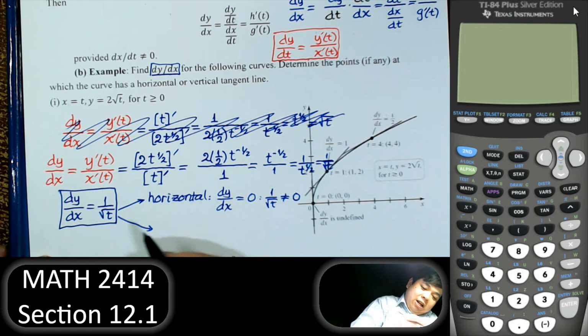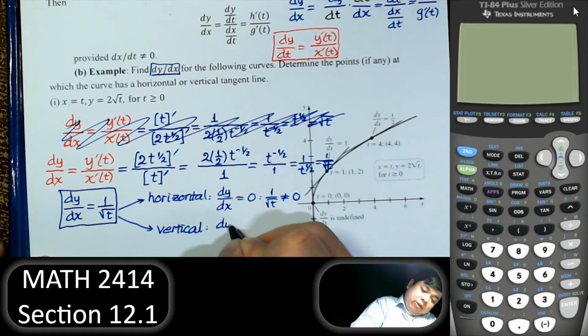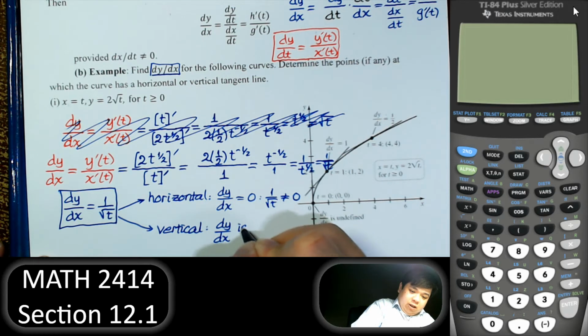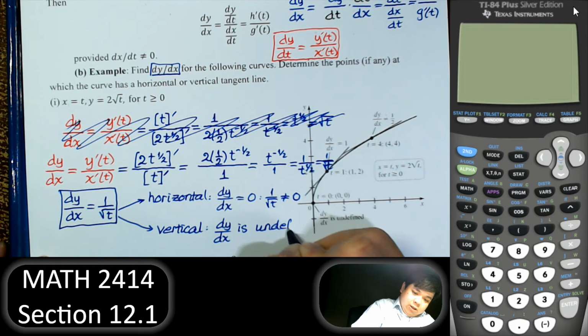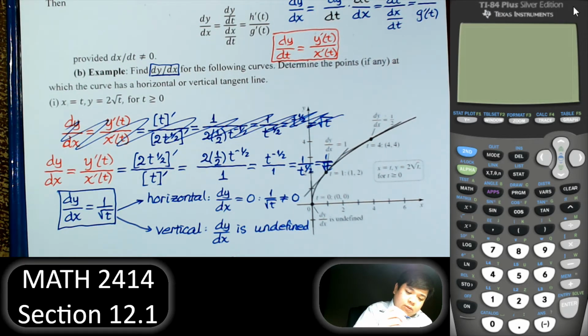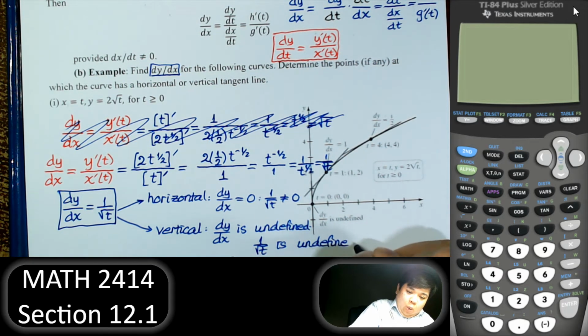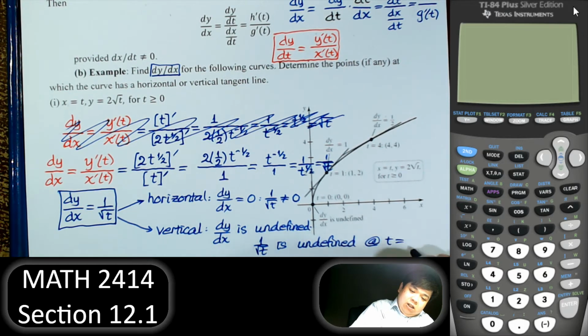Next, if we want a vertical tangent line, the derivative is undefined. So 1 over square root of t is undefined where the denominator equals 0.